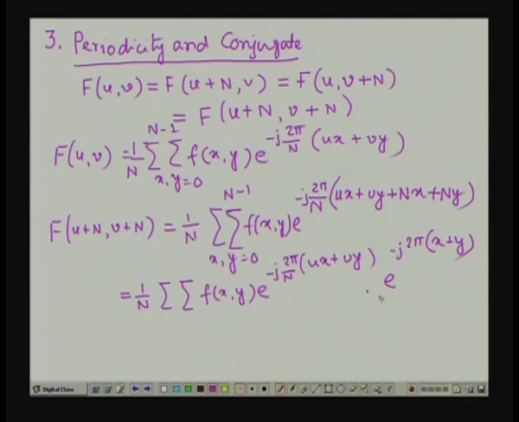If you look at this second exponential term, e to the power minus j 2 pi (x + y), you find that x and y are integer values, so x plus y will always be an integer.